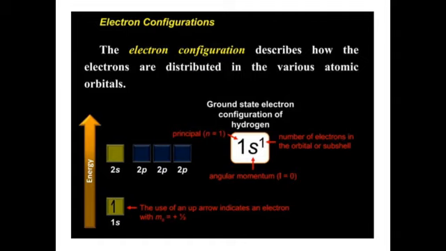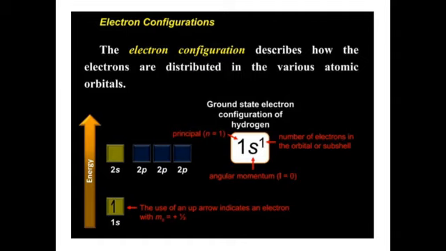You will observe that in a typical atom, you have the nucleus at the center of the atom, and then you have electrons revolving around it in a circular path or in an orbit.